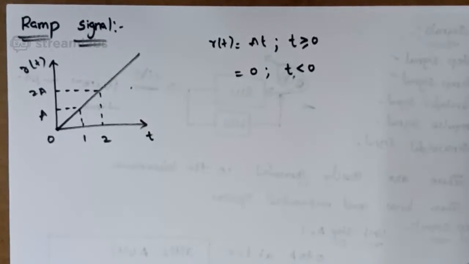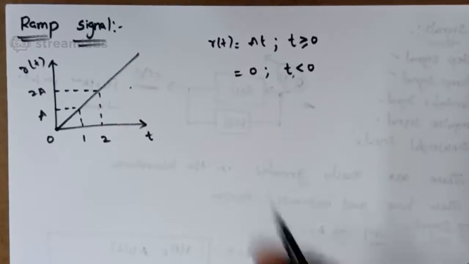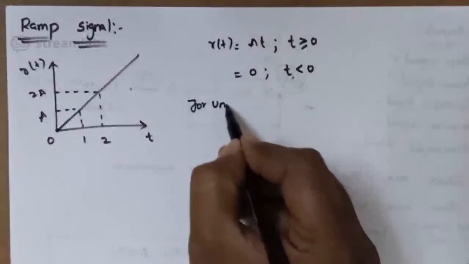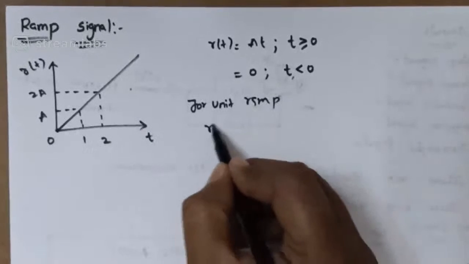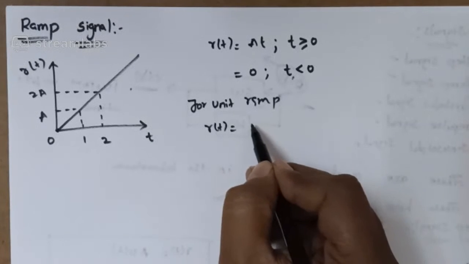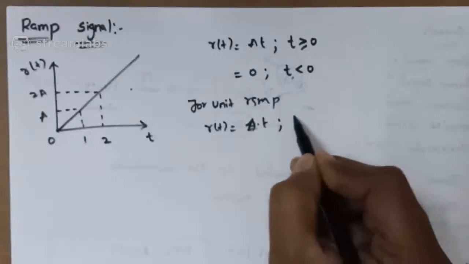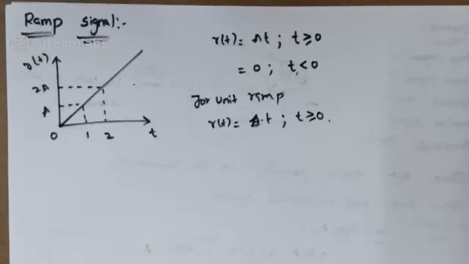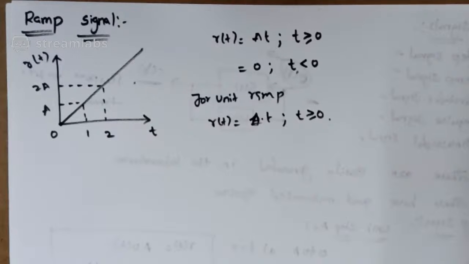In a special case, the unit ramp signal, the value of A is unity. So for the unit ramp, A is 1, R of t equals A into t, which becomes t, for t greater than or equal to 0. Unit ramp means its magnitude is 1. That's it.